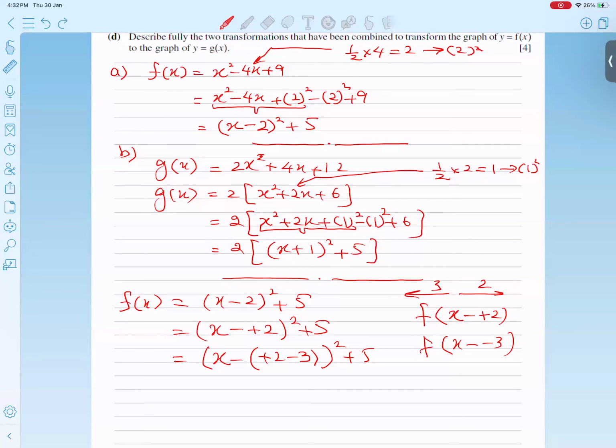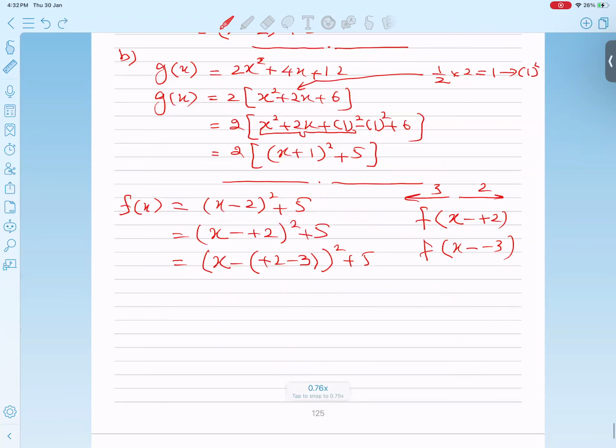So I can guess from here, what does this negative 3 mean? This negative 3 means the object is moving left, 3 boxes. So I can say that it is a translation.